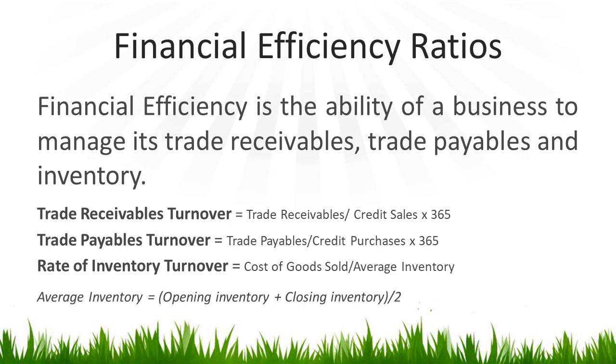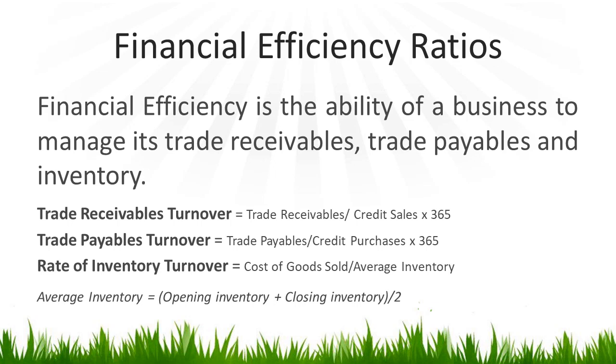Now, what is average inventory? Average inventory is opening inventory plus closing inventory divided by 2. The denominator of the formula, the lower part, is calculated by adding up opening and closing inventory and dividing it by 2. That gives us average inventory.